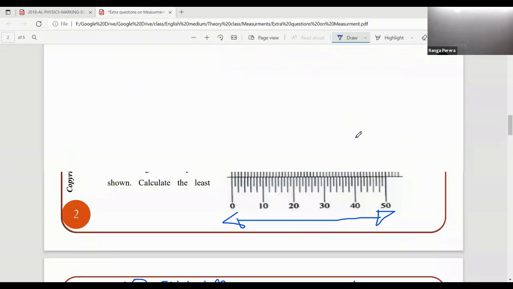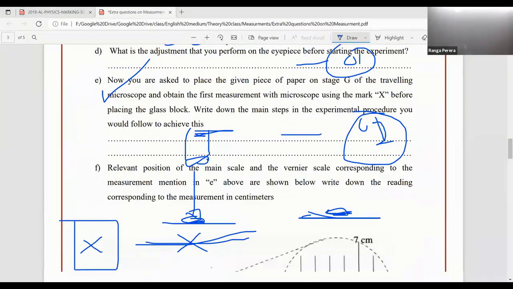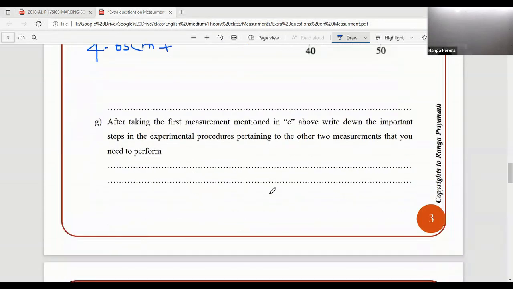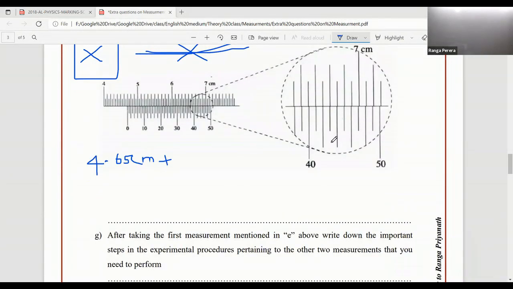We can read the vernier scale value from there.